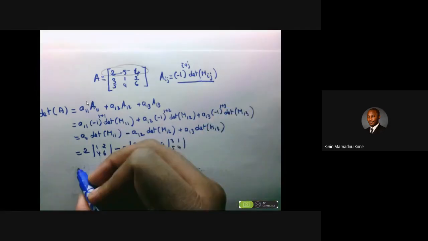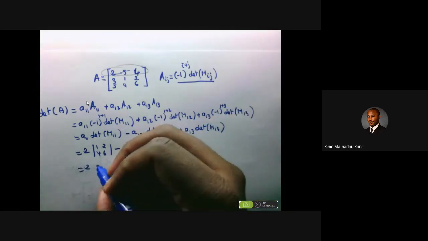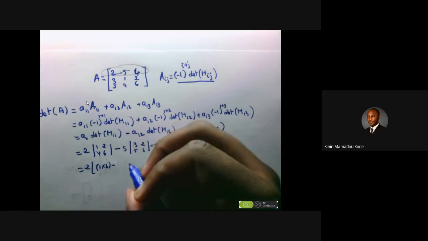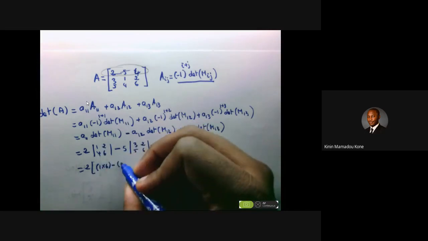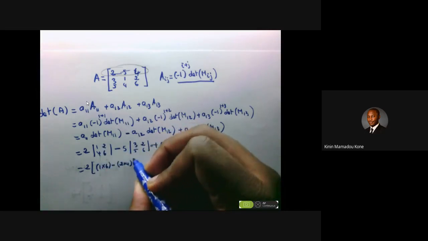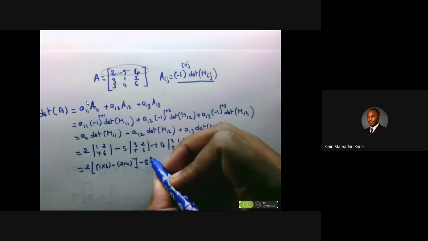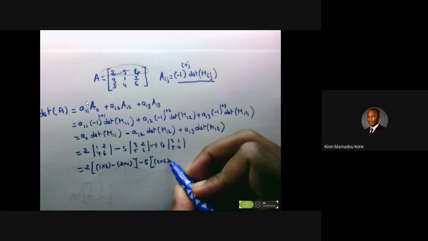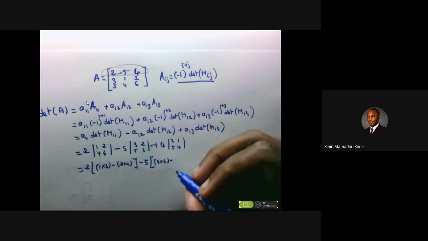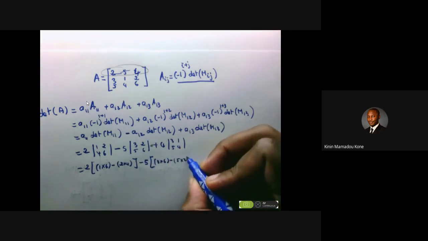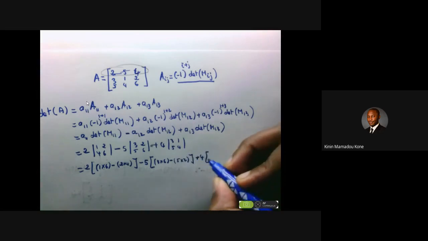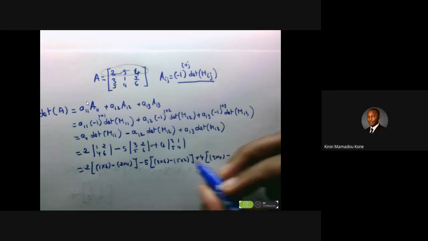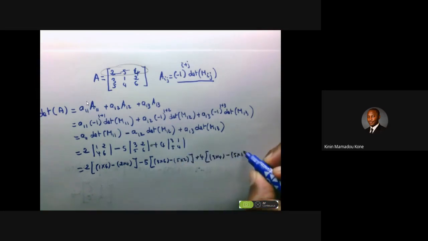Now the determinant of this one: 2 times 1 times 6 minus 2 times 4, minus 5 multiplied by 3 times 6 minus 5 times 2, plus 4 times 3 times 4, which is 12, minus 5 times 1.